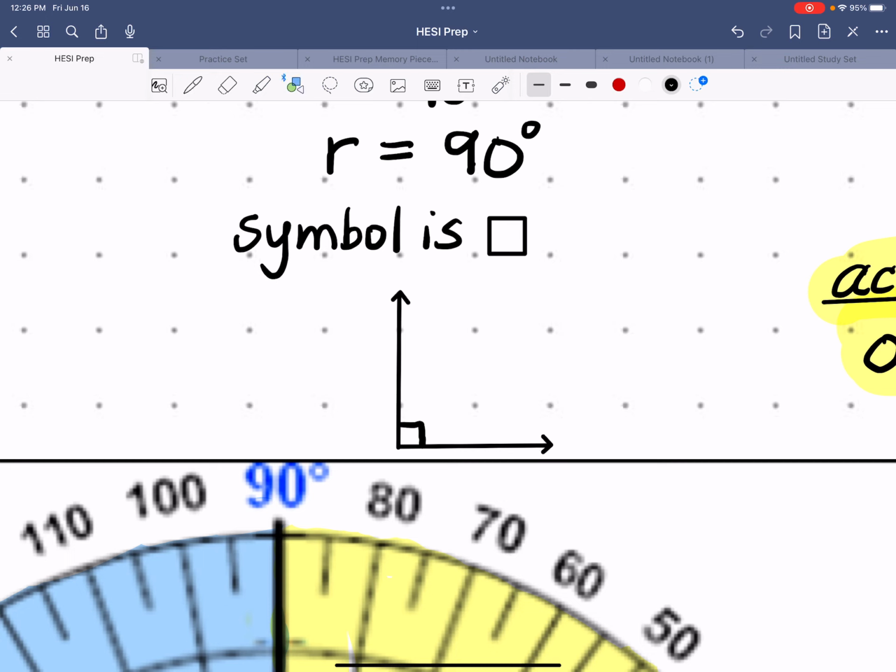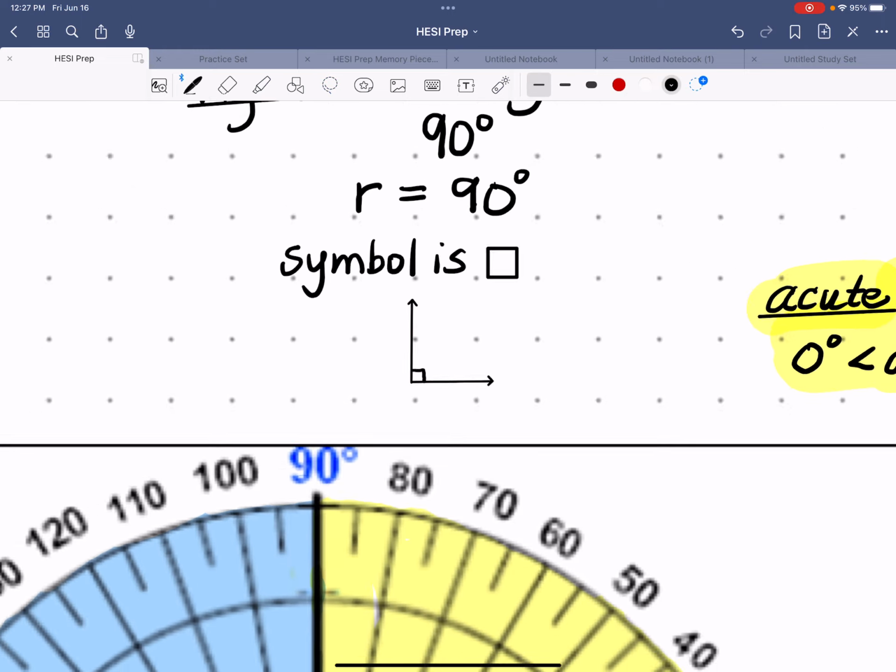So I'm going to make this just a little bit smaller so that you can see it a little bit better. But even collapsing it up like that or rotating it around doesn't change the fact that it's 90 degrees. I'm not changing the relationship between those two rays, and that's what's 90 degrees.